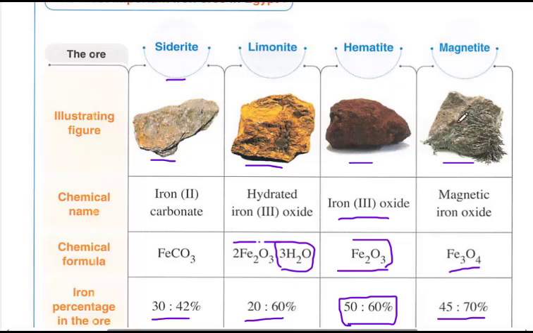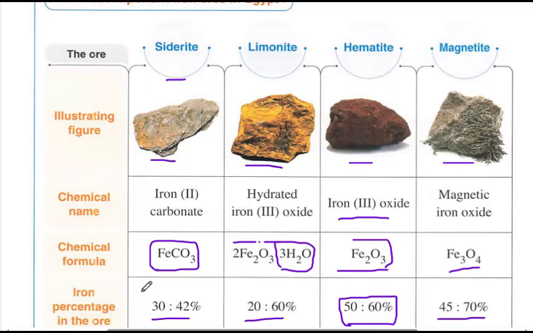We have to notice another thing, which is that ferrous carbonate contains carbon, so it does not need carbon added to this ore. So when you are asked which ore does not need any coal added in the furnaces to be reduced, this is siderite.